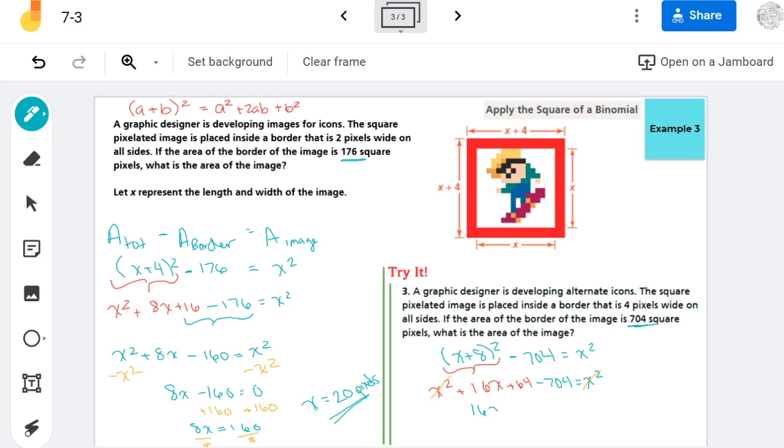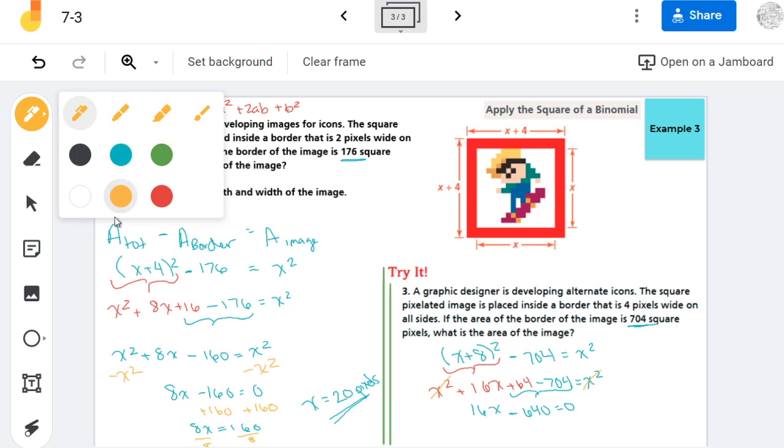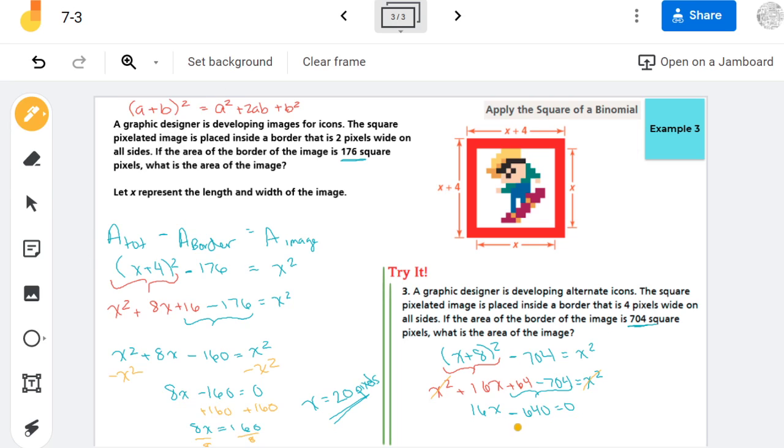So I have 16x, and then I'm going to combine these minus, I don't actually know what that is off the top of my head. So if I plug it into a calculator, I get negative 640. And now I need to isolate x. I need to get the x alone.